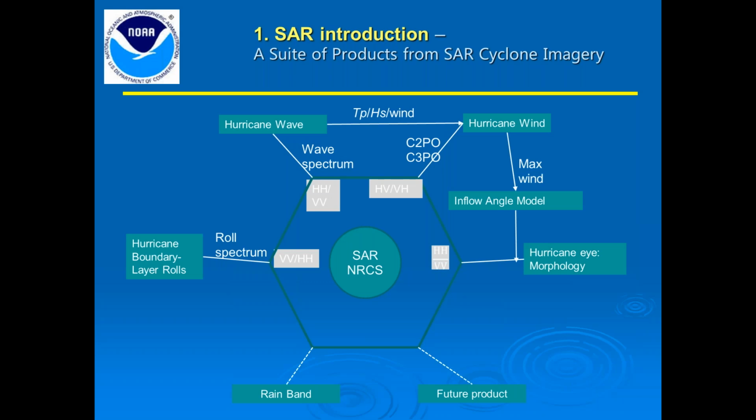For full polarization SAR, we have data from 4 channels, and from these NRCS values and spatial patterns, we can derive hurricane boundary layer rolls, hurricane waves, and hurricane winds, and by looking at the SAR images, we can get some hurricane eye morphology information.